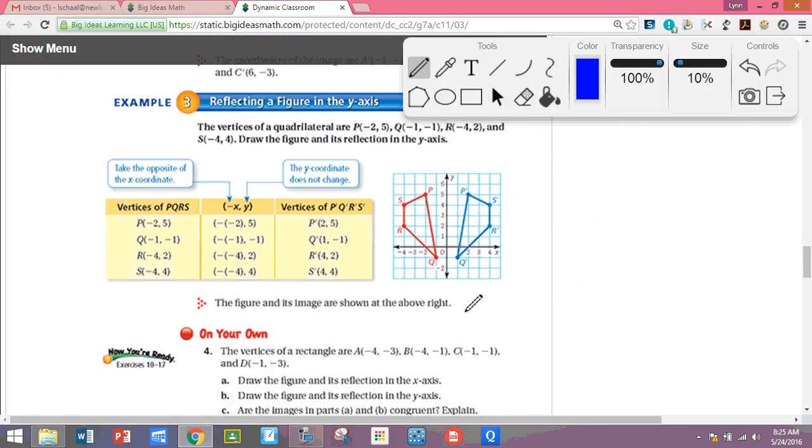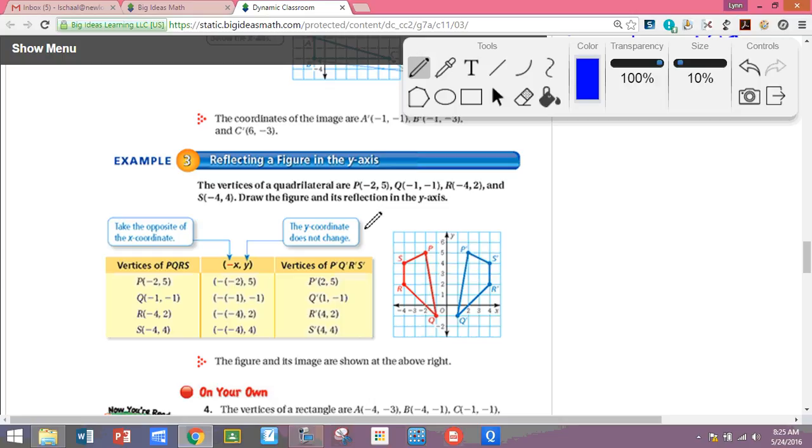Okay, so if you look here now, you have reflecting along that y-axis. Again, same thing, except that this time you're reflecting along this line. Now the x-coordinates are going to become their opposite and the y-coordinates are going to stay the same.